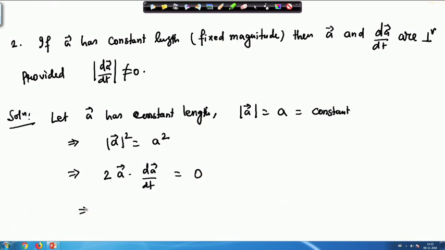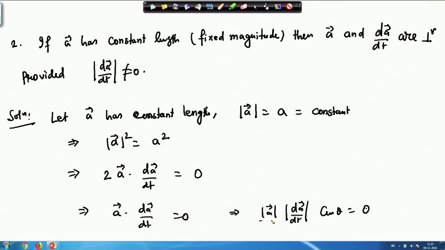Therefore, a dot da/dt equals 0, and this means that these two vectors are perpendicular to one another, because we get mod of A times mod of dA/dt times cos theta equals 0.